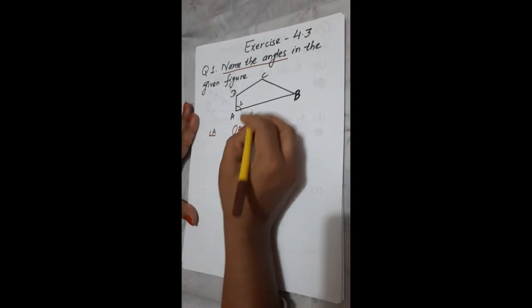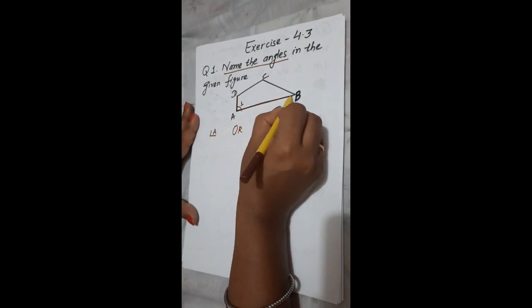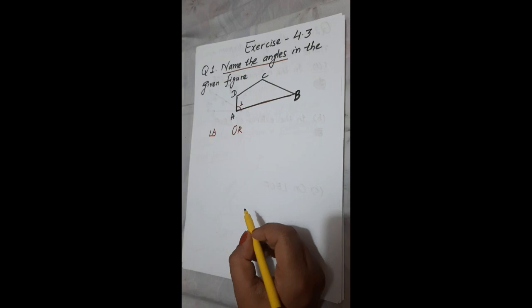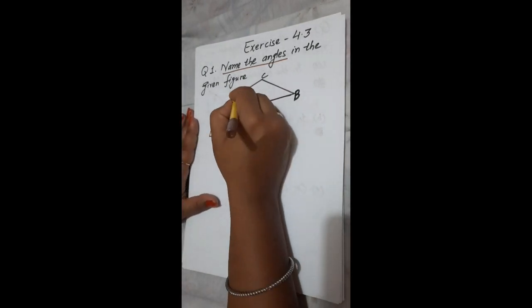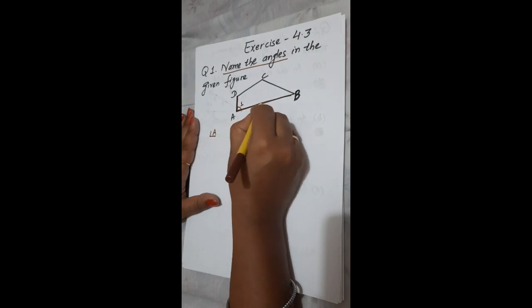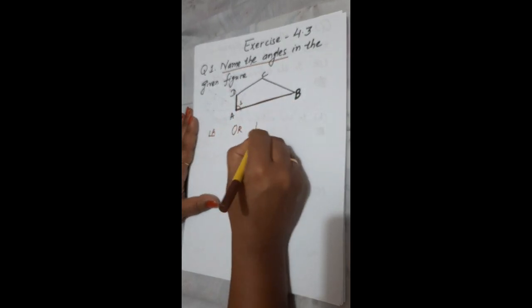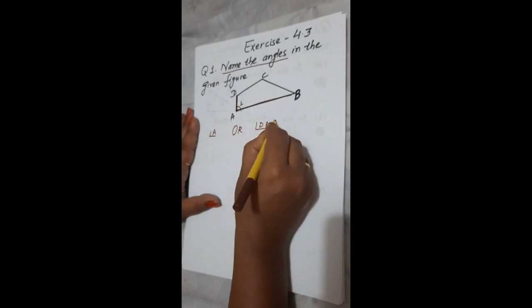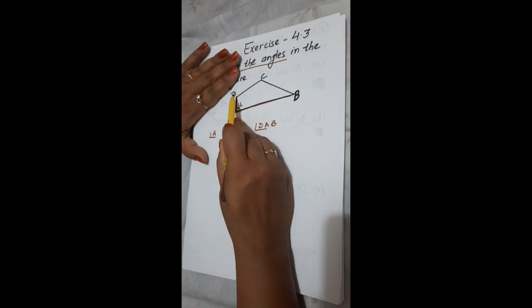This can also be written as DAB, as an angle is a figure formed by two rays having the same initial point. You can also write BAD.